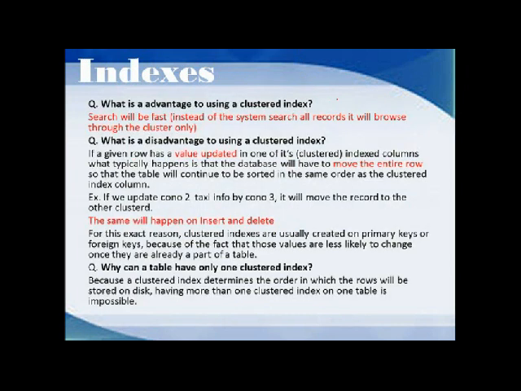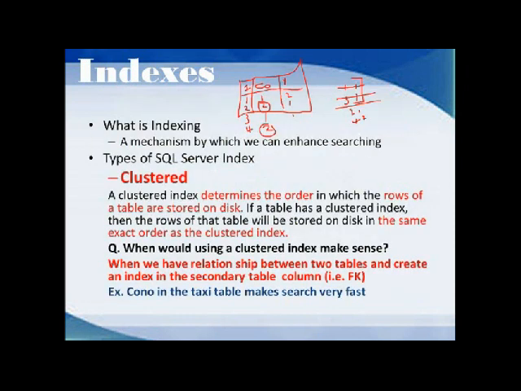The disadvantage is in inserting. For example, if you insert data here, and a company number has another taxi, when you add it here, it will push everything down. So it will create a problem in indexing. When you create an index, make sure that the index key is not the most frequently updated column.